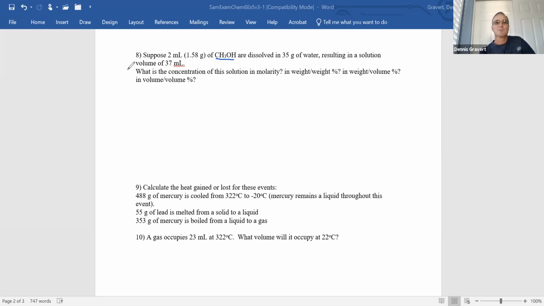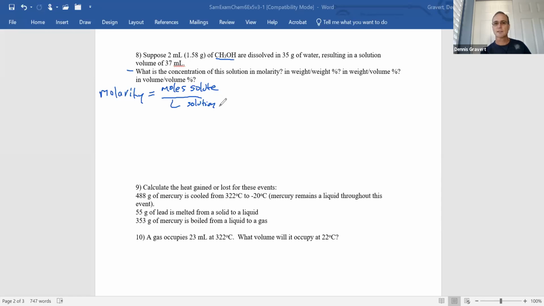All right, so what do we need to do? What's the concentration of this solution in molarity? So what you need to know is that molarity has mole in it. It's moles per liter. Okay, and then it's liters of solution, and it's moles of solute. What's missing?